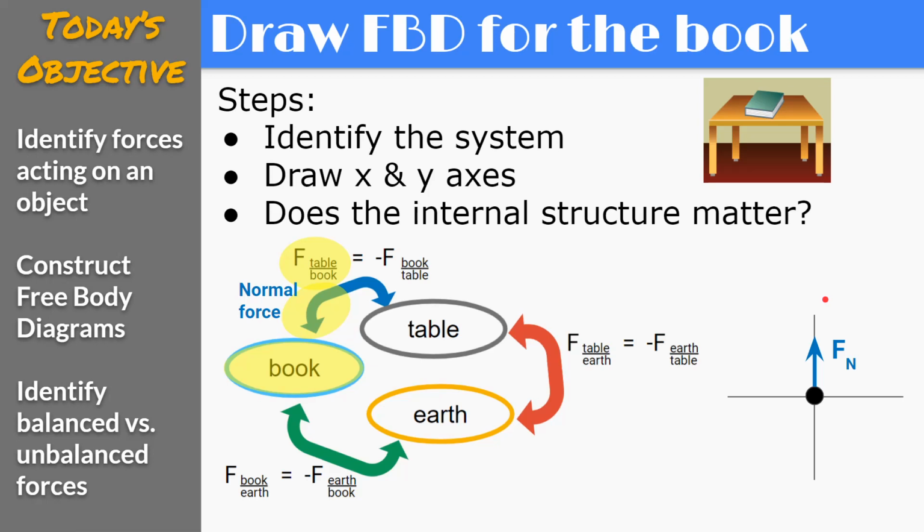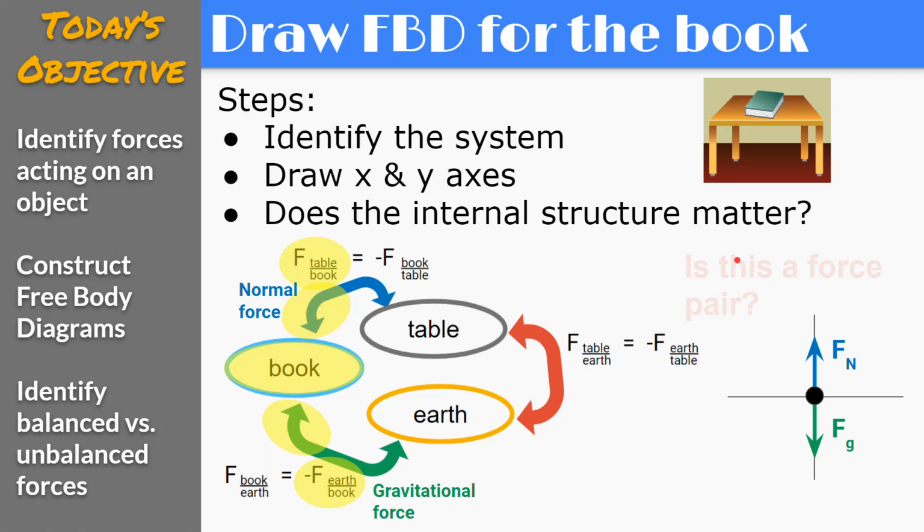So there's my normal force due to this interaction right here. The only other force acting on the book is the other part of this green arrow, the force of the earth pulling down on the book. That is the gravitational force. I'm going to draw in FG. Those are the only forces that I need, Fn and Fg.